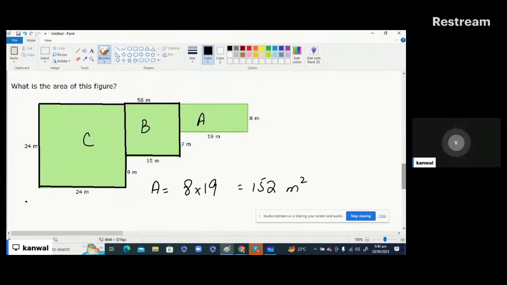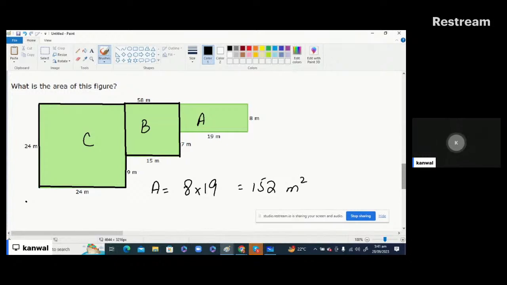Now here in part B, this is the area of the square, and part C is also the area of a square. Got it? So how can we find the area of the square? The area of the square is a formula: just multiply side into side.